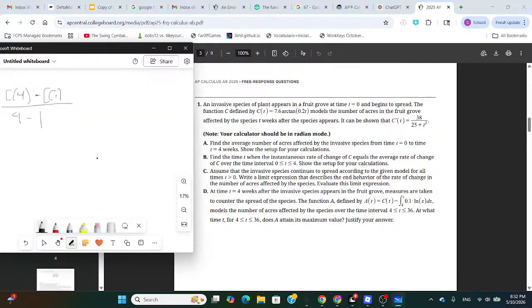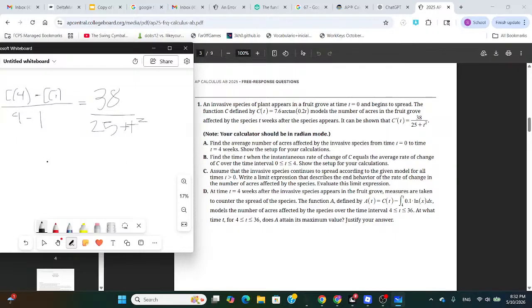Oh, since you have to find when C prime of t is the instantaneous rate of change. But that's the average rate of change, so you have to set it equal to the instantaneous rate of change, which is 38 over 25 plus t squared.